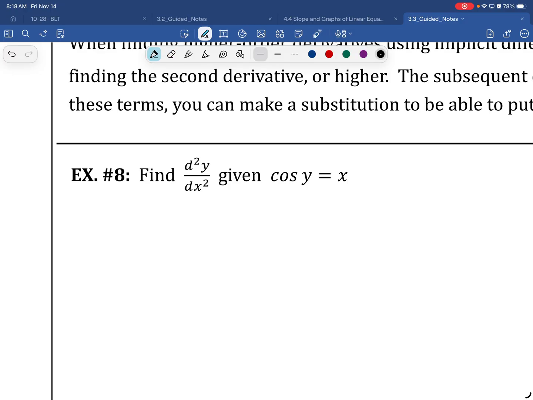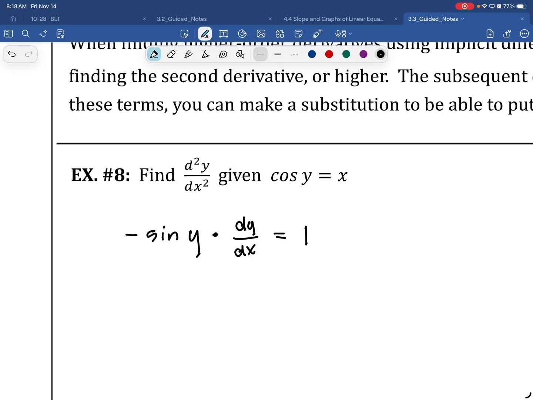What is the derivative of cosine of something? Negative sine of something times the derivative of that thing. Well, what is the derivative of y? And the derivative of x is just 1.